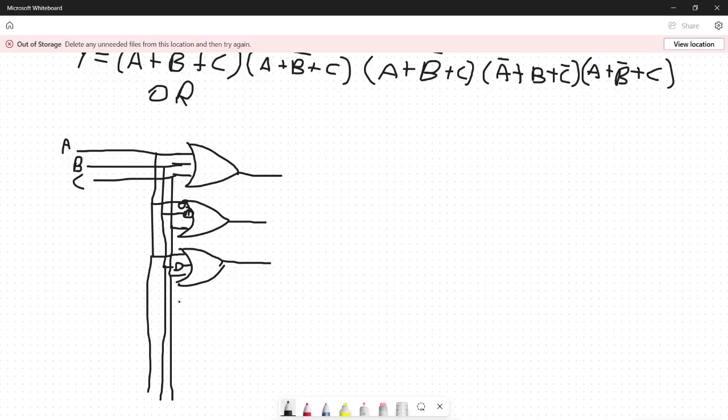It's going to have an output. Maybe delete that one so we have more space. Make it a bit bigger. So now this is the fourth one. So the A gets inverted, B goes in, and then C gets inverted.